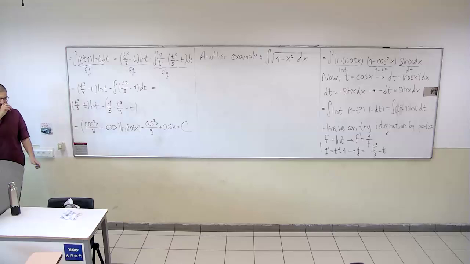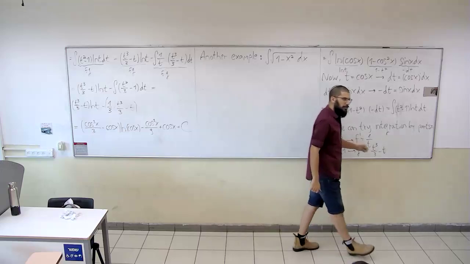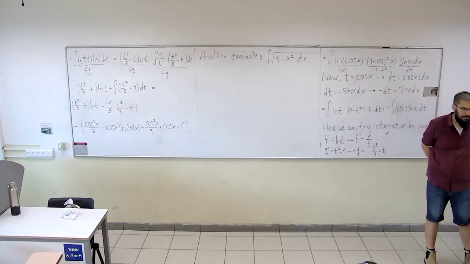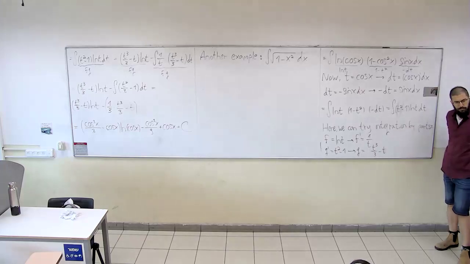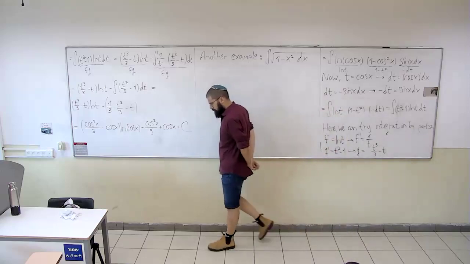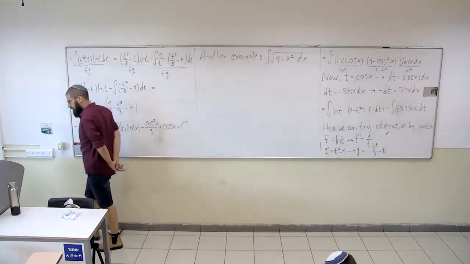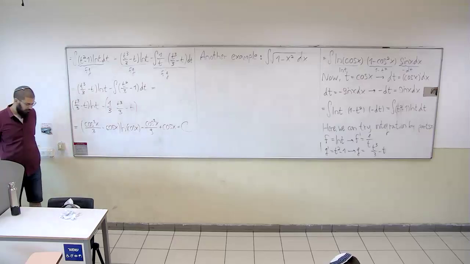The square root, it's not going anywhere. You're looking to set t equal to everything in the square root. Interesting idea. I'm not saying it's not going to work, but you can try and see.